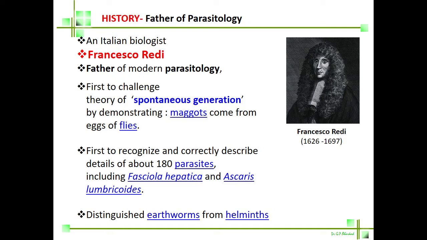Francisco Redi also recognized and correctly described the details of about 180 parasites, which includes Fasciola hepatica, the liver fluke, Ascaris lumbricoides, the large nematode of human beings, and he also distinguished earthworms from the helminths. So he has a very huge contribution in the development of modern parasitology. Hence, Francisco Redi is known as the father of modern parasitology.